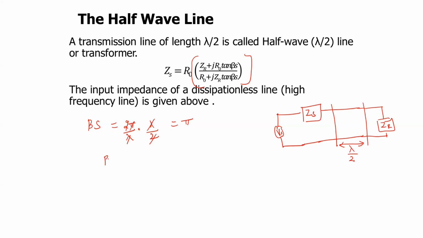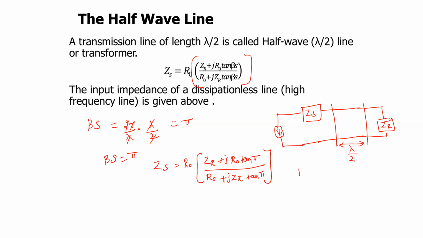Beta S is going to be pi. Now if you substitute beta S as pi here, you will get ZS is equal to R0 into ZR plus jR0 tan pi divided by R0 plus jZR tan pi. What is the value of tan pi? Tan pi is 0. So this second term will be 0, and this will be 0.